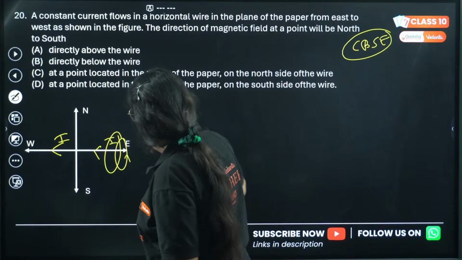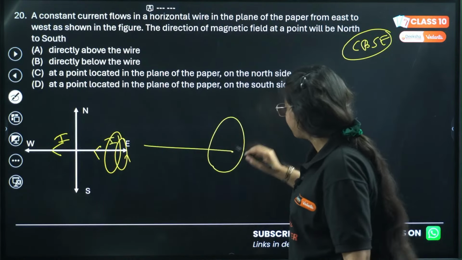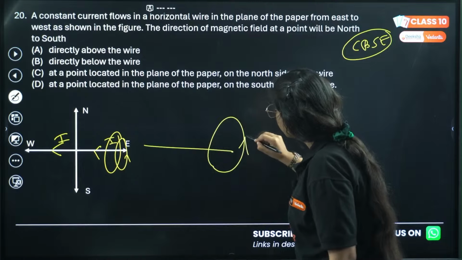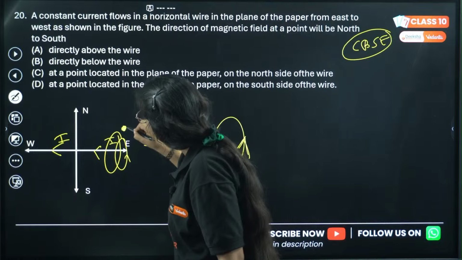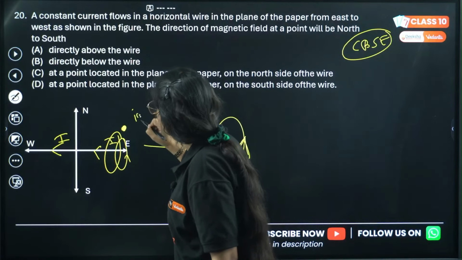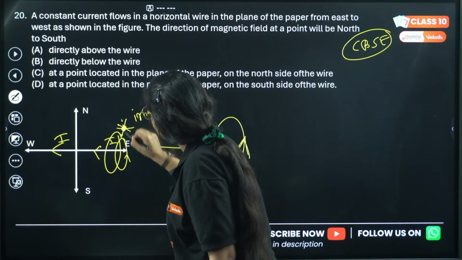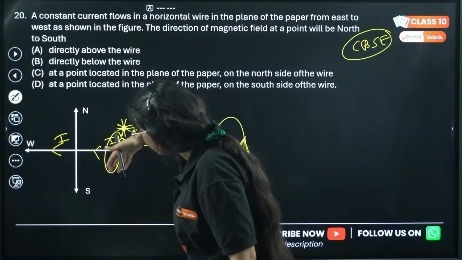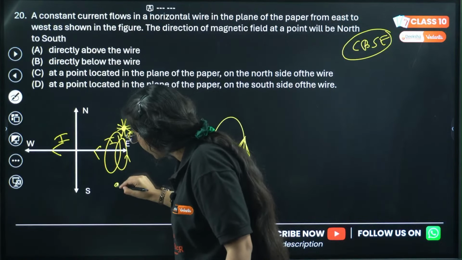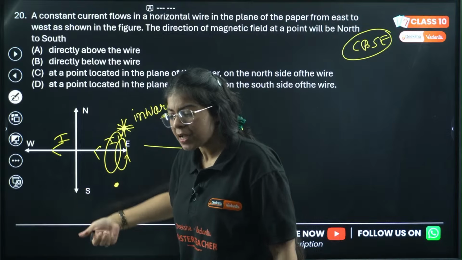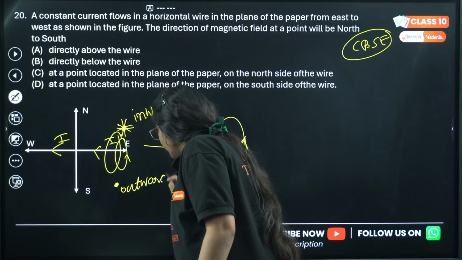Outside the wire, the magnetic field lines will be inwards, and we depict it like a cross. Inside the wire, the magnetic field lines are coming outwards. So it will be outwards at the point lower.